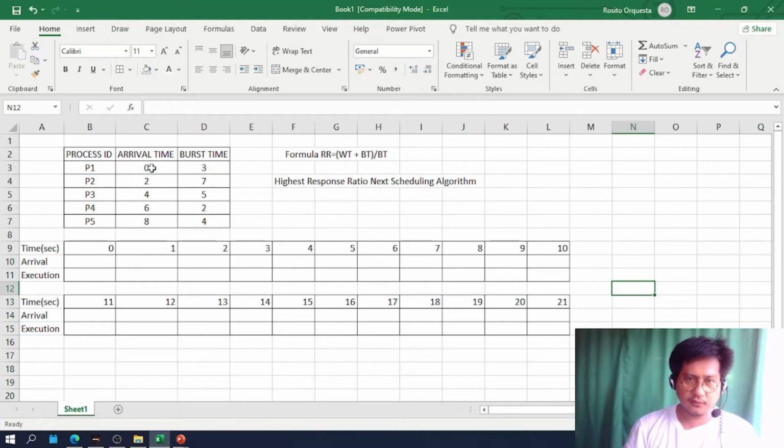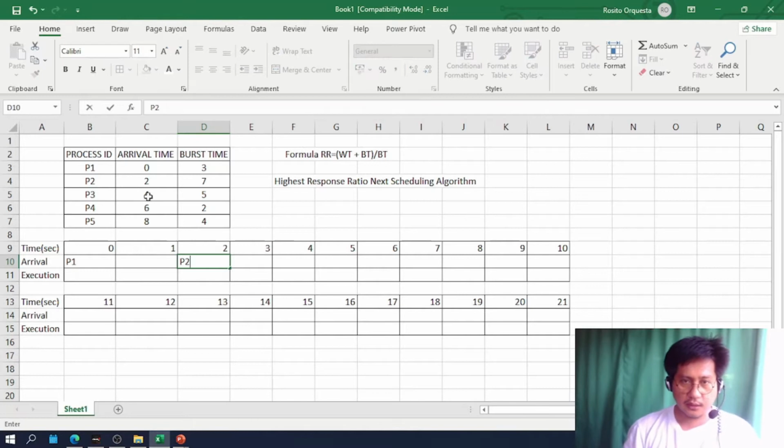With this data, let's first look at the arrival time of each of the processes. It says here that P1 arrives at 0. So we'll mark here P1, P2 at around time 2, time 4 for P3, and then time 6 for P4, P5 is around time 8.